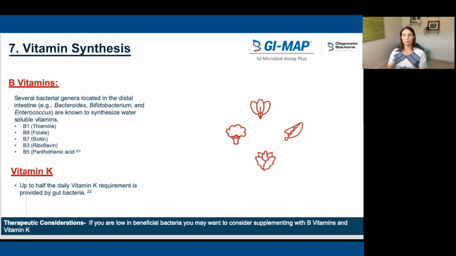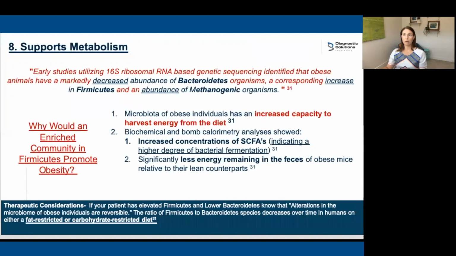Commensal bacterial flora are also really important in supporting our metabolism. A genetic sequencing study identified that obese animals have a markedly decreased abundance of Bacteroidetes and an increased abundance of Firmicutes and methanogenic organisms. What is it about the Firmicutes that promotes obesity?